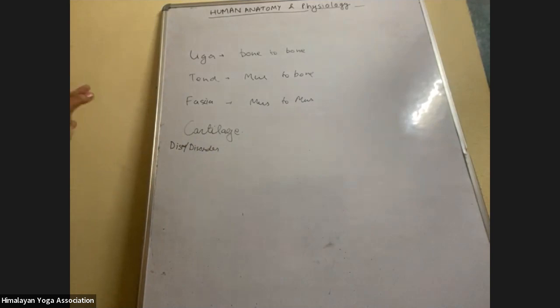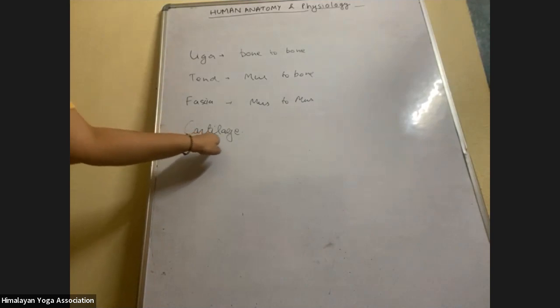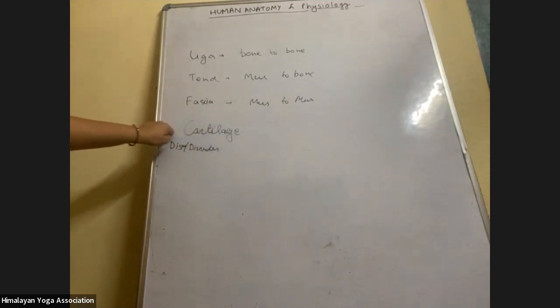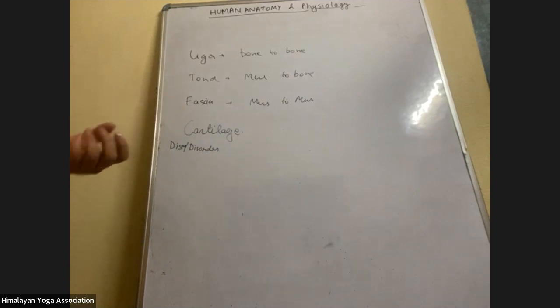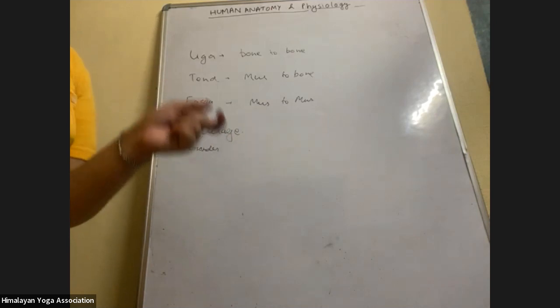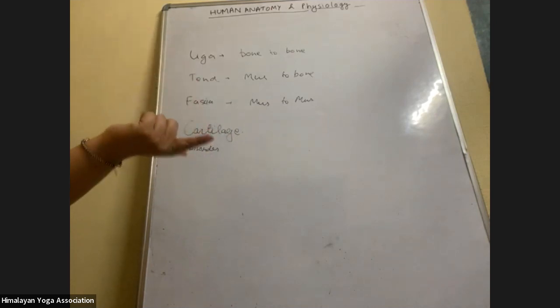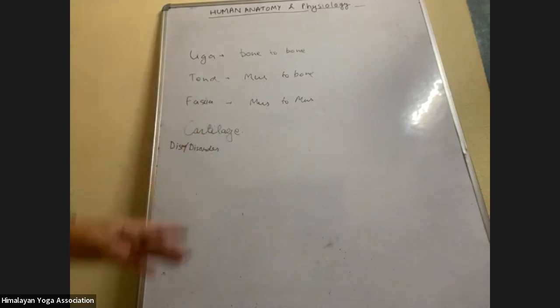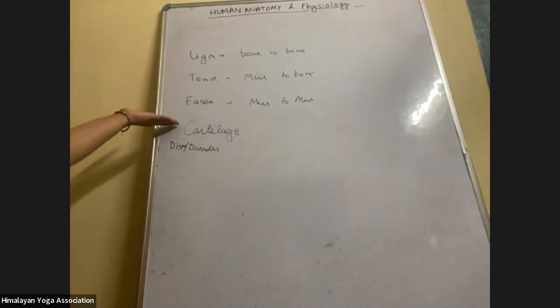Arthritis is when the cartilage is worn off at the joints. When this wears off, there is friction in the joint, and that friction causes inflammation of the joint, and that inflammation causes the pain. That's why it's important to keep the joints very healthy.